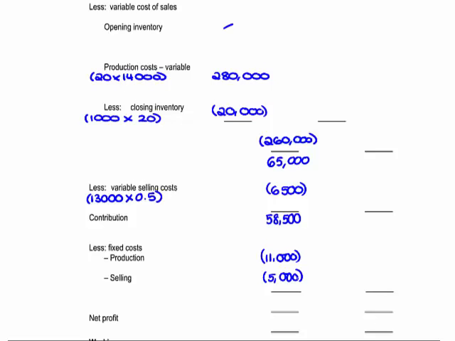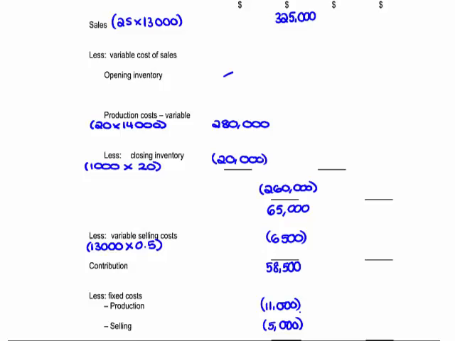So that's going to be another 16,000 to come off, which gives net profit of $42,500. Having completed year 1, we now need to do the same for year 2. To make it a bit easier, I'm just going to change the colour of my pen so that you can see which year my workings relate to.